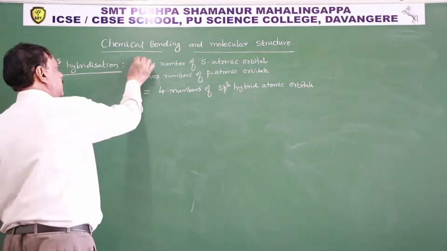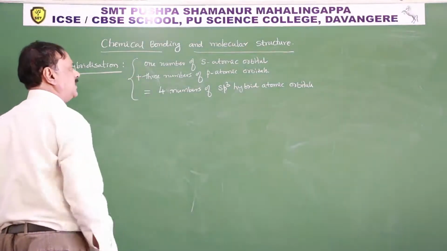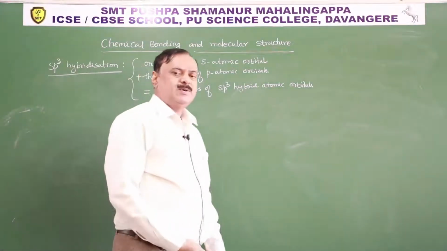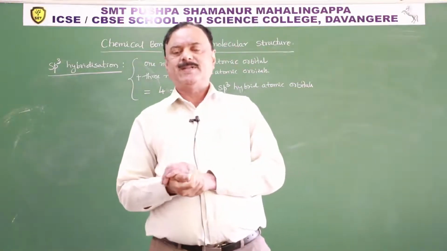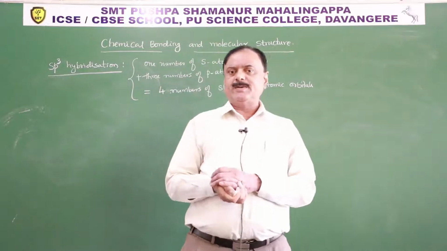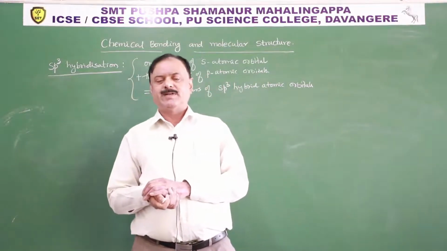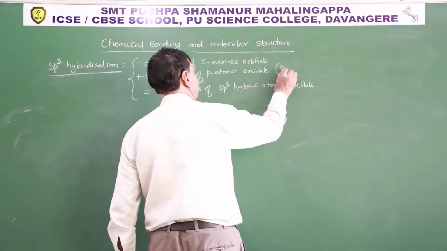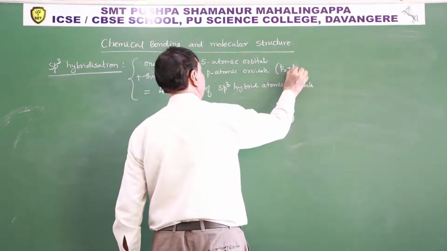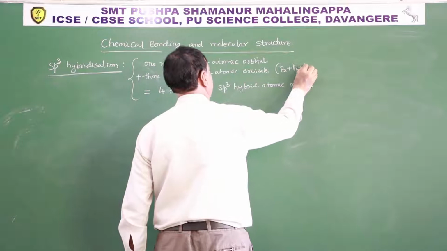Now this phenomenon is called sp3 hybridization. The process of mixing up of the 1 s atomic orbital and 3 p atomic orbitals. 3 p atomic orbitals means px plus py plus pz.